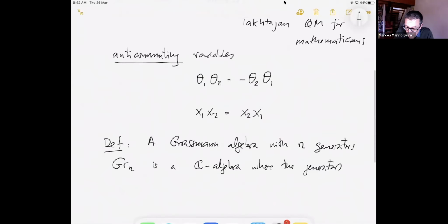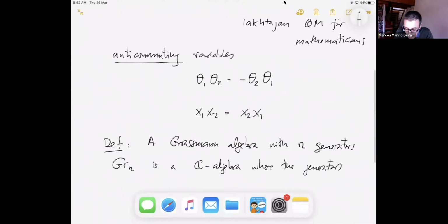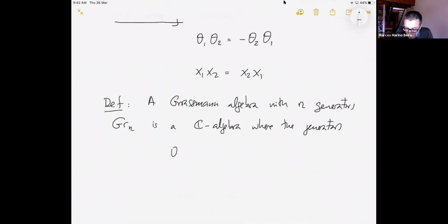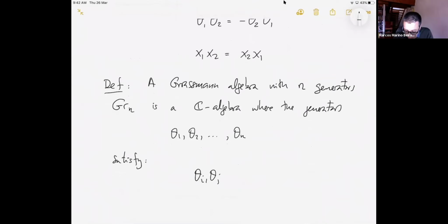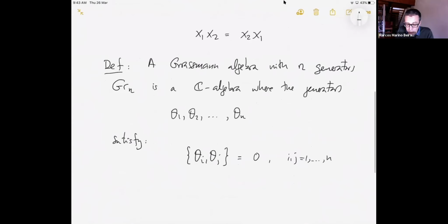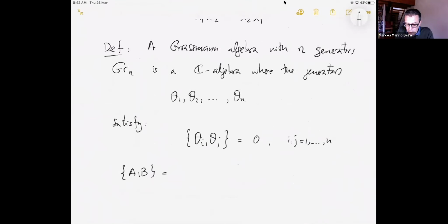which I'm going to denote by letters like theta 1, theta 2, ..., theta n, satisfy that the anti-commutator of theta i and theta j, and I introduce here this anti-bracket, is equal to 0 for i, j from 1 to n. And I remind you that this anti-commuting bracket is just AB plus BA.